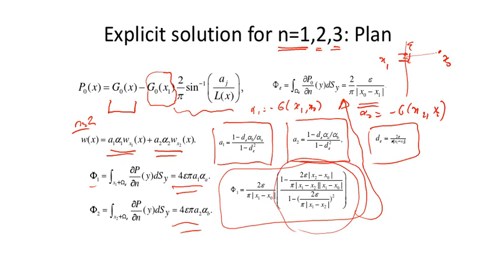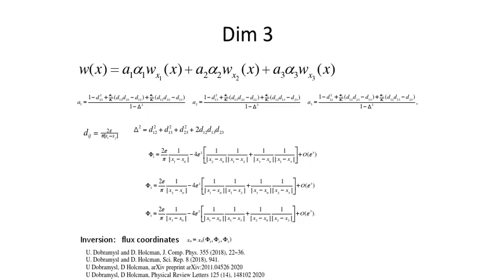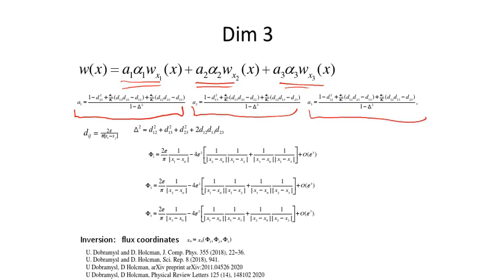And now let's finish with the case with 3 holes, where you have to expand over these 3 Weber solutions. Then here you have to invert a 3 by 3 matrix equation. So I leave this as an exercise. You can find the coefficients A1, A2, A3, where the Dij is given by this expression, and the determinant is given by this.